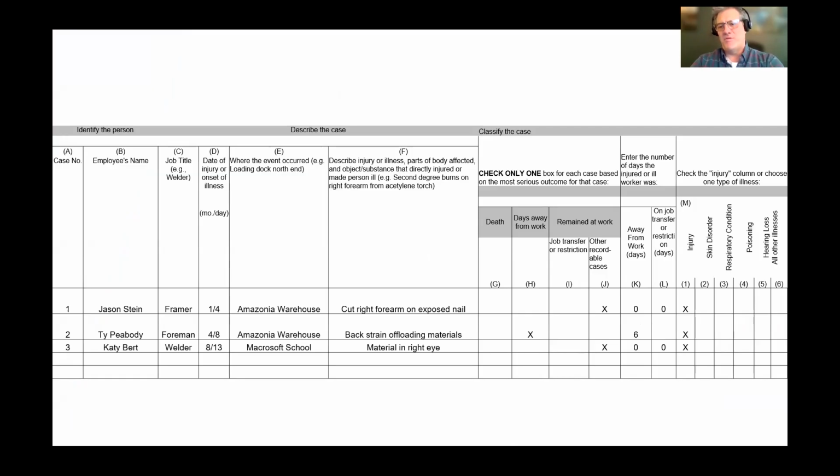As a safety professional, we take the stance that everything's preventable. I wish that every one of you had zeros and nothing to fill out at the end of the year. But these are the types of things I could live with. They're not making me lose sleep at night because they're back to work the next day. They don't have restrictions. It's not affecting their lives negatively, relatively speaking.